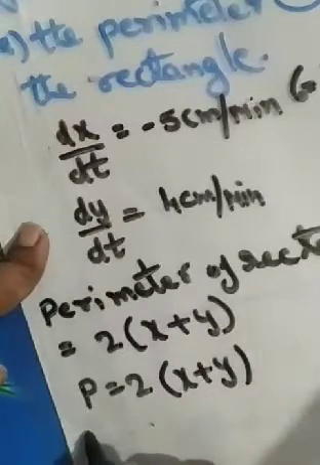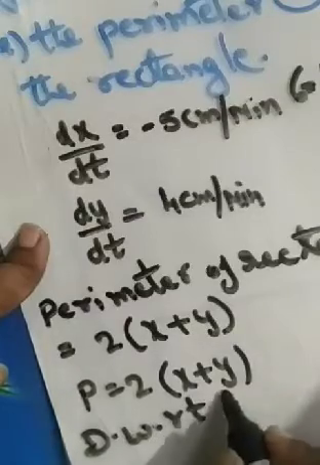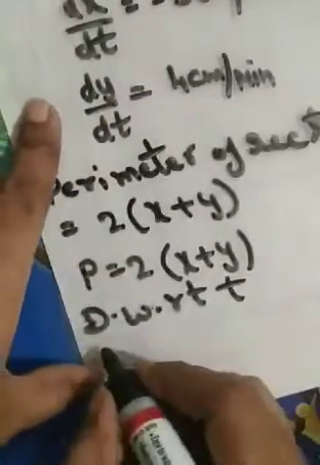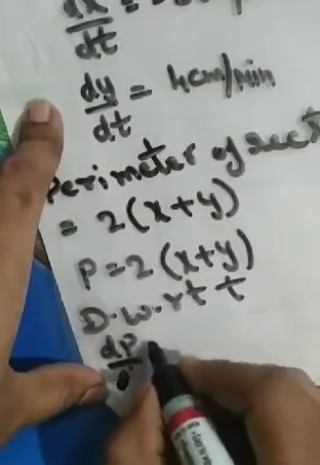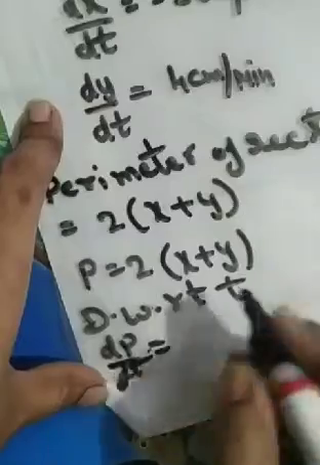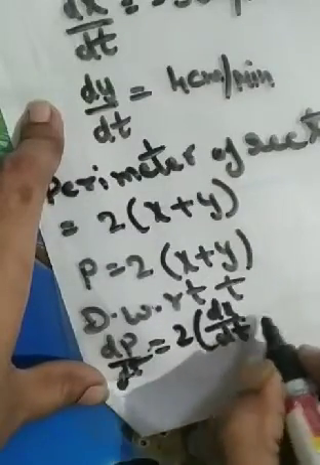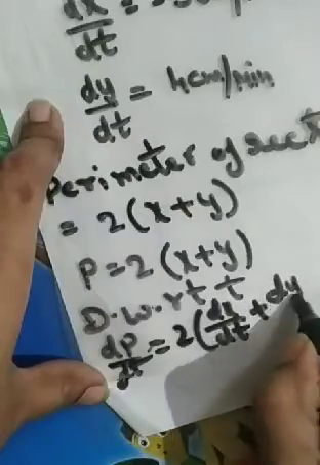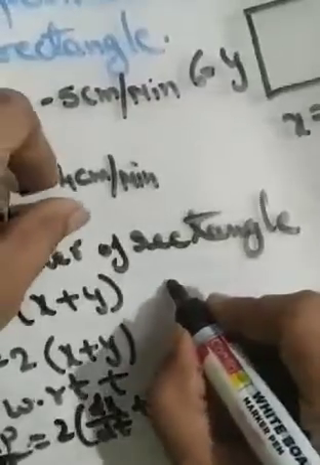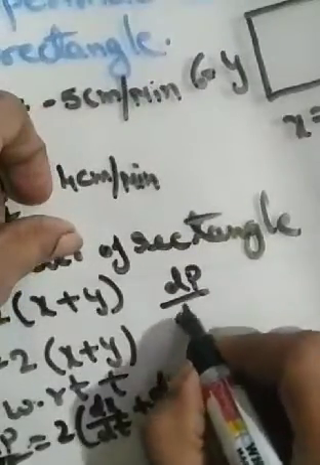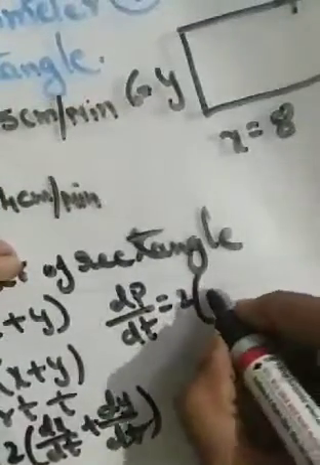Differentiate with respect to t. It becomes dp by dt is equal to 2 into dx by dt plus dy by dt. So dp by dt equals 2 into, what is dx by dt?